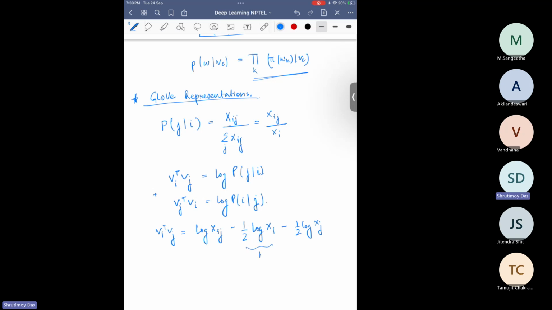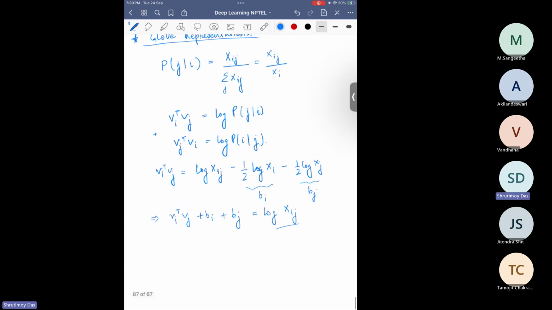Let's say this is some quantity bi and this is some quantity bj, and then we can write it as pi transpose vj plus bi plus bj equal to log of Xij. Now we know log of Xij, and using this we want to learn pi, pj, bi, and bj.